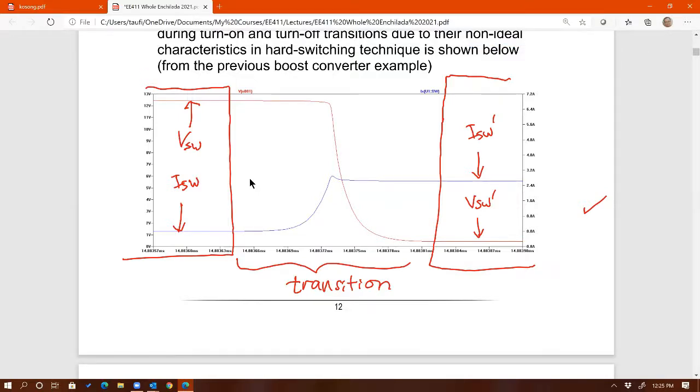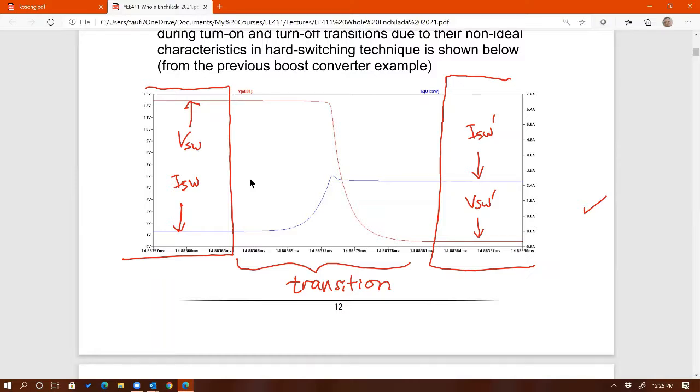The two static conditions are different. You can see that before switching, the voltage across the switch is high, and the current through the switch is low. But after the transition, the opposite is true: the switch current is high while the voltage is low.